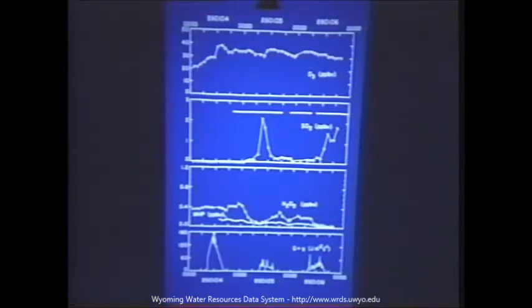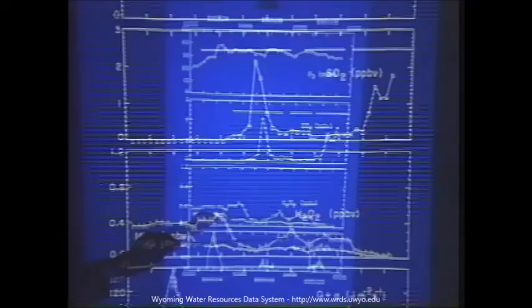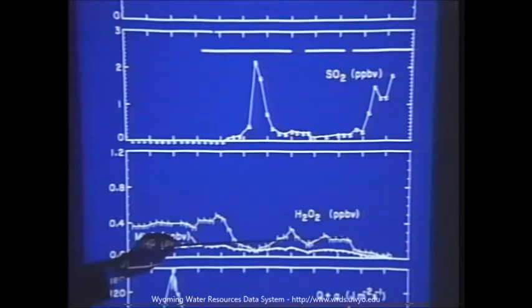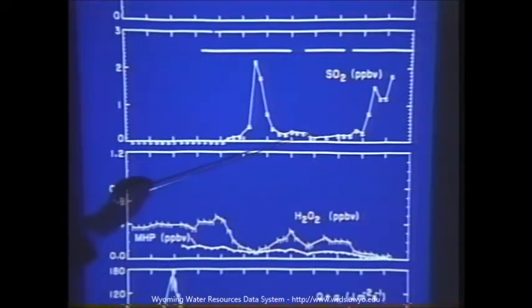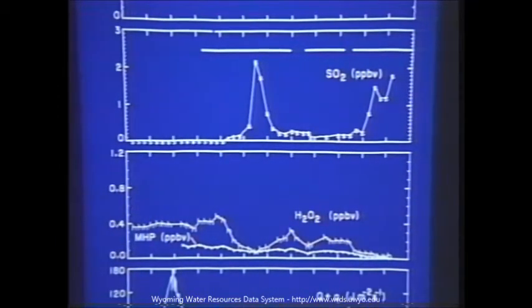Now, this is data collected in January. I should point out that in general, let's take, for example, between these two plume situations here, the concentrations of hydrogen peroxide are about 3/10 of a part per billion by volume, and SO2 is about 3/10 or 2/10 of a part per billion by volume.